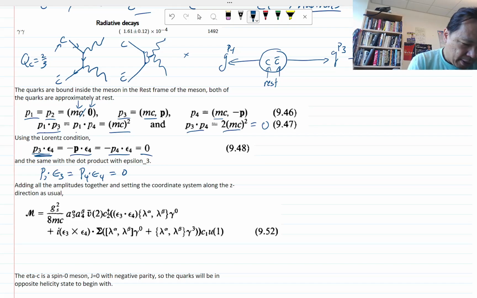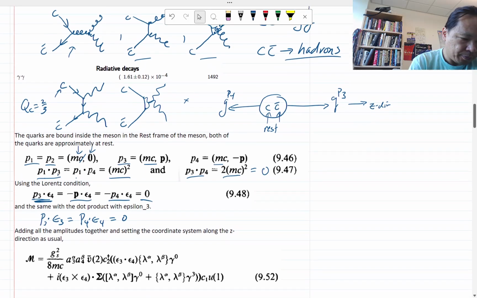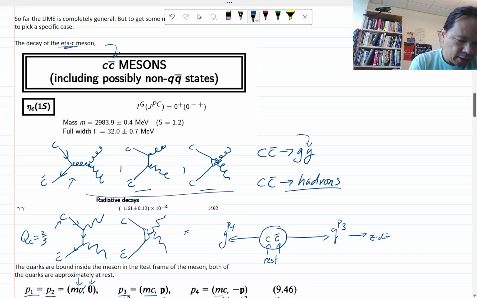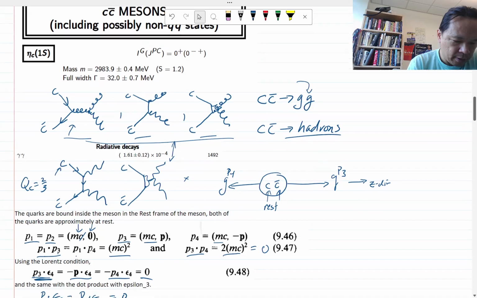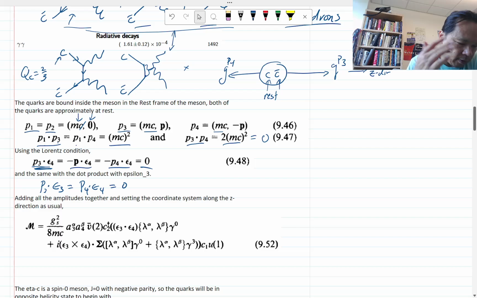But what we want to do, since the decays are similar between the two. There's an additional diagram for the gluon, which you don't have with the photon. But the calculations are actually the same between the electrodynamic version and the strong version.